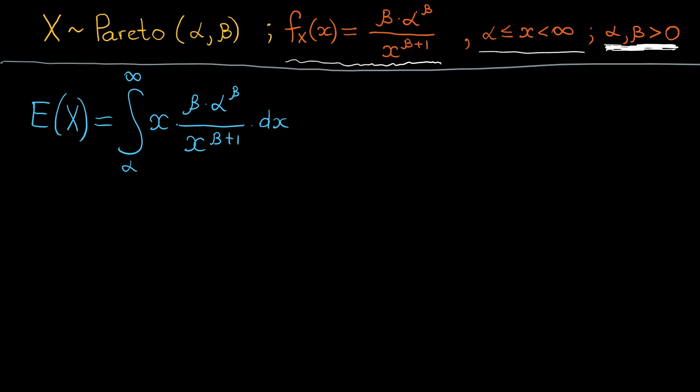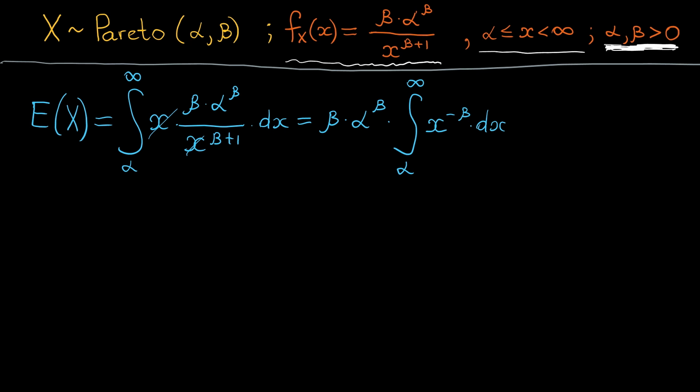Okay, so what can we do here? Well, first there's a little cancellation here with regards to x, and then we can pull the constants in front of the integral sign. Okay, so we'll have beta times alpha to the power of beta times the integral from alpha to infinity of, in the denominator we'll have x to the power of beta, and so we can write that as x to the power of minus beta.